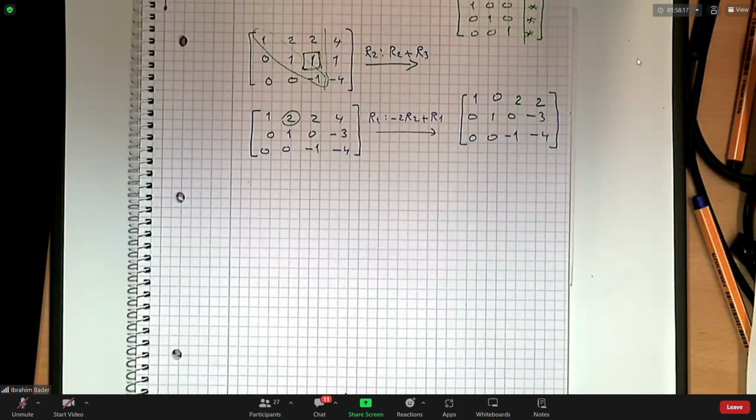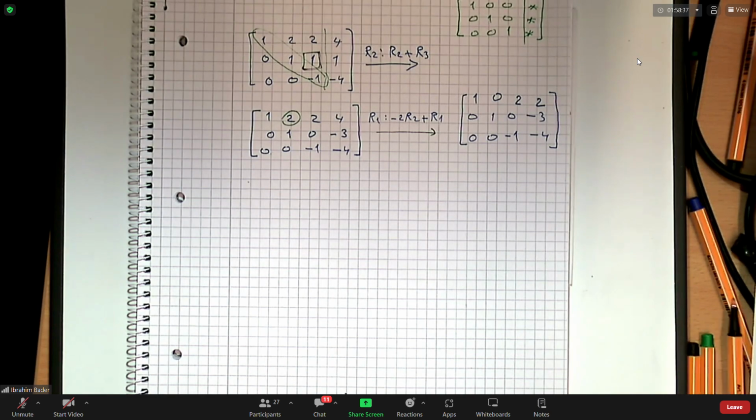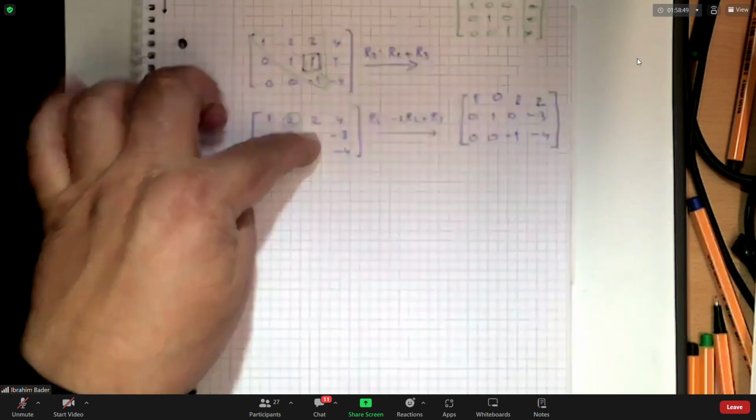Hold on, hold on. I'm going to eliminate this 1, 2, 0. 1, 2, 2, 4. 2 R3 plus R1. Actually, I'm going to eliminate this 2, not the other 2, right?